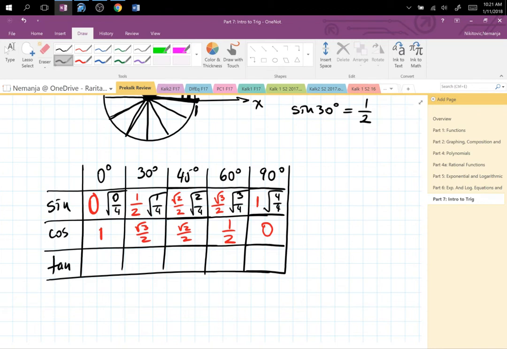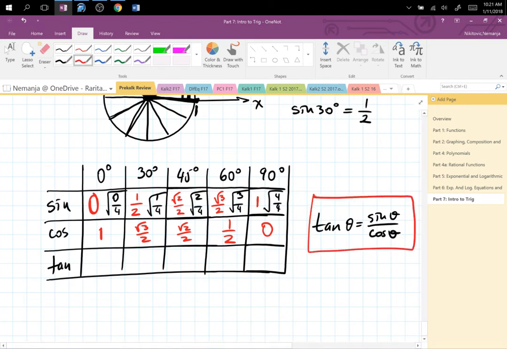Now, the first identity that you will learn is that tangent theta is sine theta divided by cosine theta. So if tangent is sine divided by cosine, then the tangent values better be, when you divide 0 by 1, you get 0.